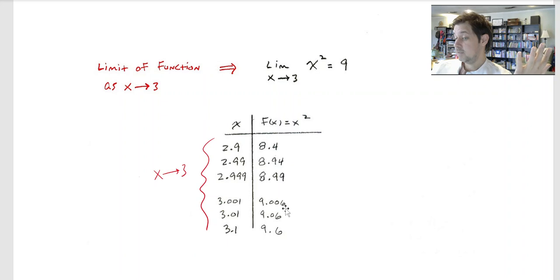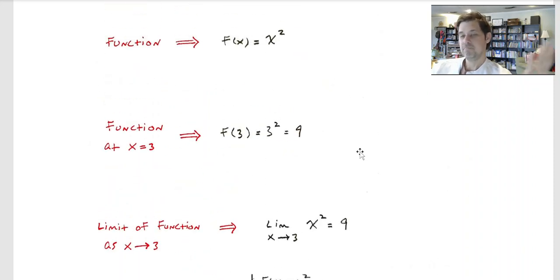What do you see over here? What happens to the y? Are these numbers random without any pattern at all? Well, it looks like the closer the x gets to 3, the closer the y gets to 9. So the function value and the limit might match, but not necessarily. That's my point.